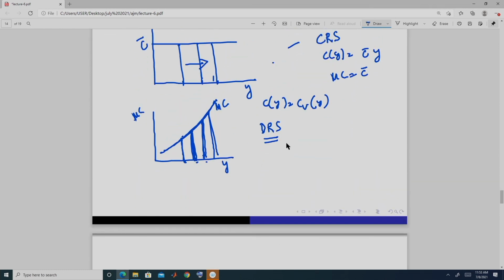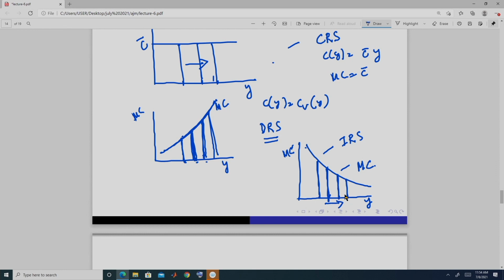And another form that we may get is of this nature. This is the marginal cost curve, against output. This we get when we have increasing returns to scale, because as we go on increasing the output, our additional cost is going down.